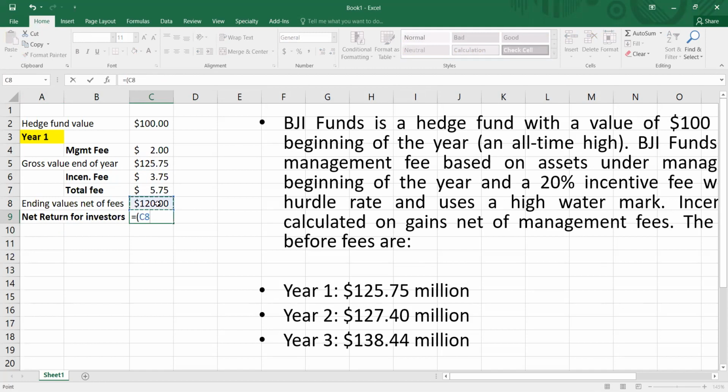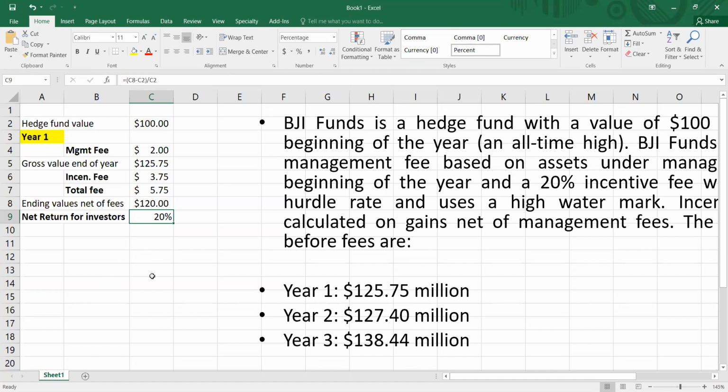So it's just 120 minus 100 and divided by 100. This will give you the percentage return to the investors. It's showing the dollarized, but it's a percentage. So 20% will be returned to the investors.